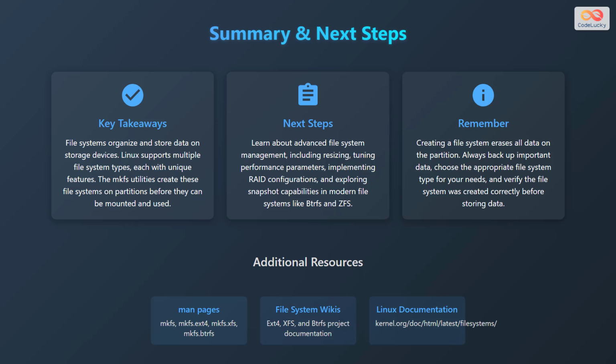As next steps, learn about advanced file system management, including resizing, tuning performance parameters, implementing RAID configurations, and exploring snapshot capabilities in modern file systems like Btrfs and ZFS. Remember that creating a file system erases all data on the partition. Always back up important data, choose the appropriate file system type for your needs, and verify the file system was created correctly before storing data.